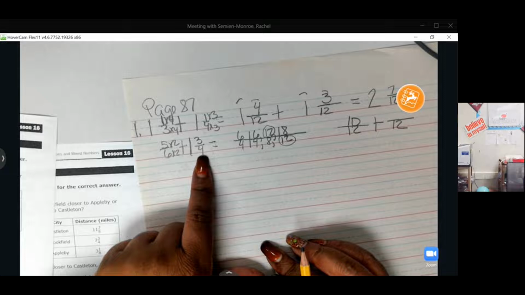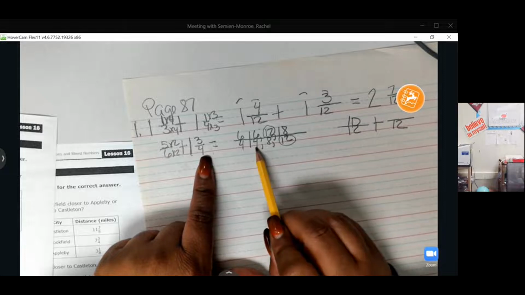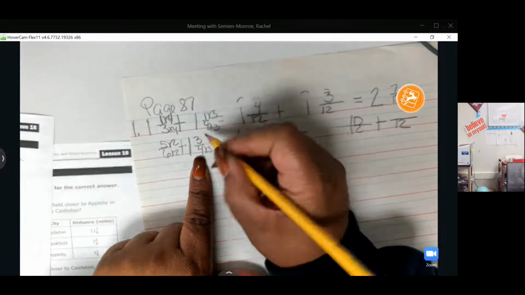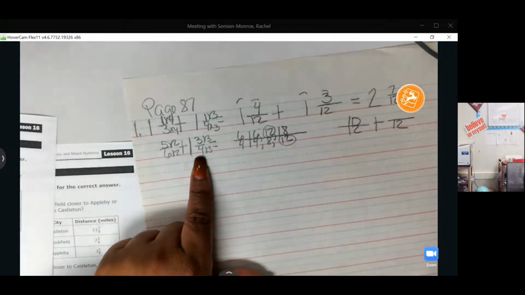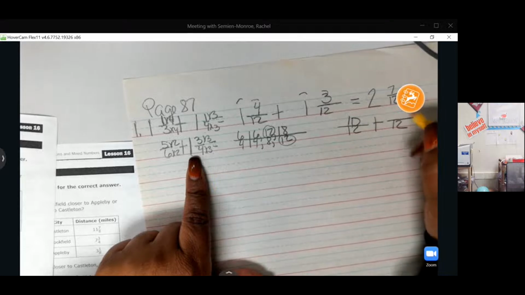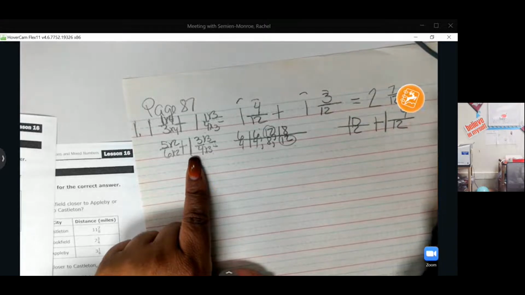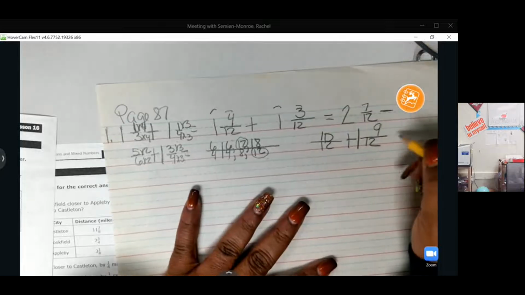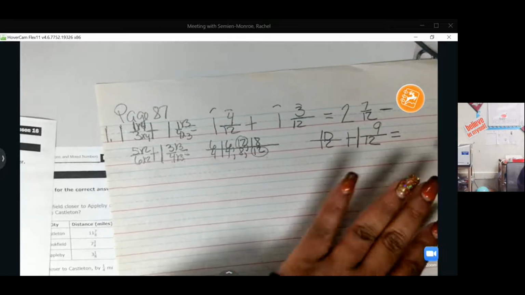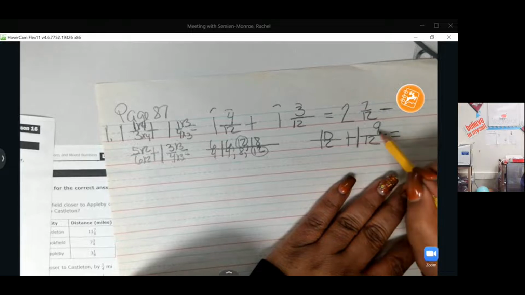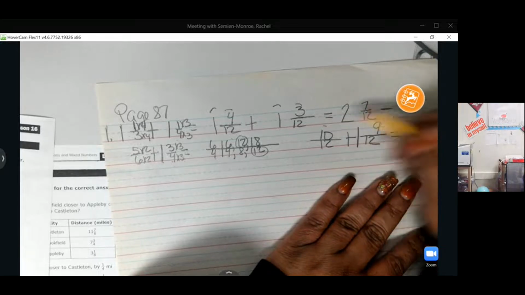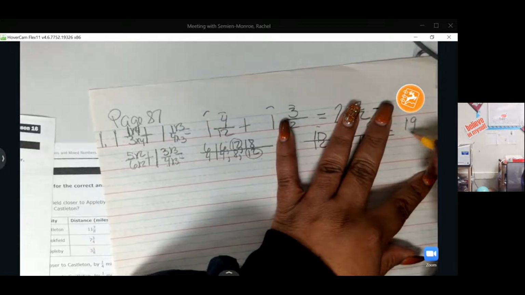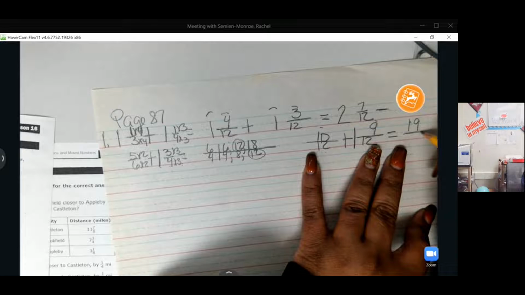So 4 times what was 12? It was 1, 2, 3. Anything I do at the bottom, I do right here at the top. So 3 times 3 is 9. Don't forget about my whole number. And then 4 times 3 is 12. My new number for this is going to be 10 plus 9. 10 plus 9, that's going to be 19 over 12.